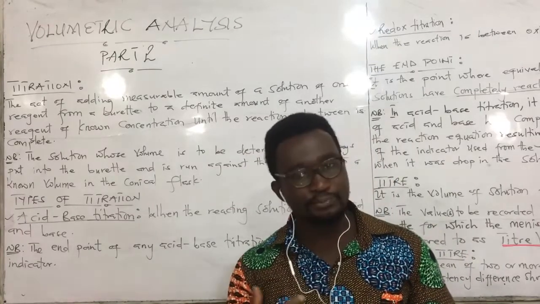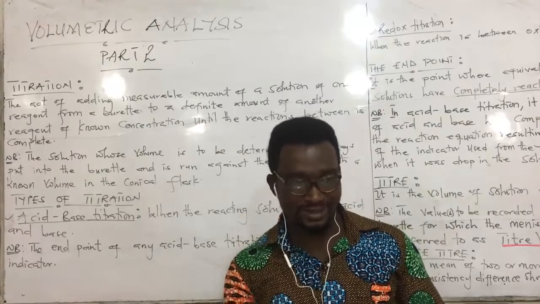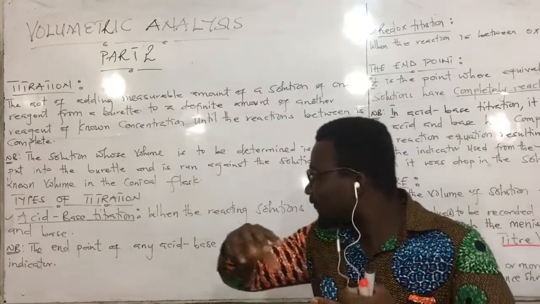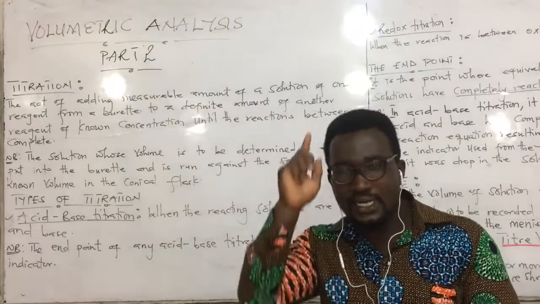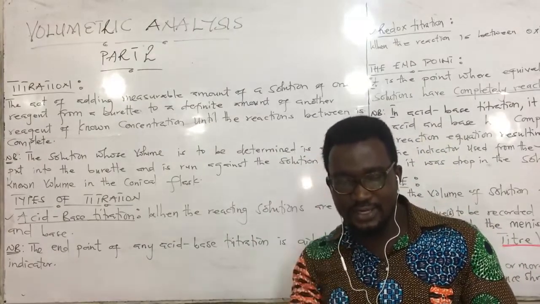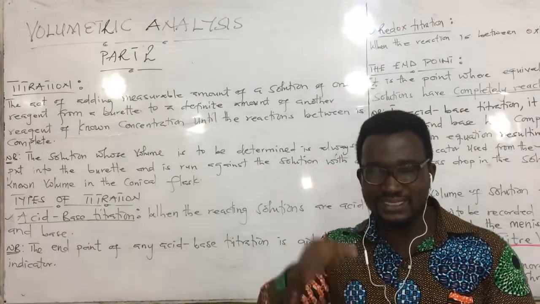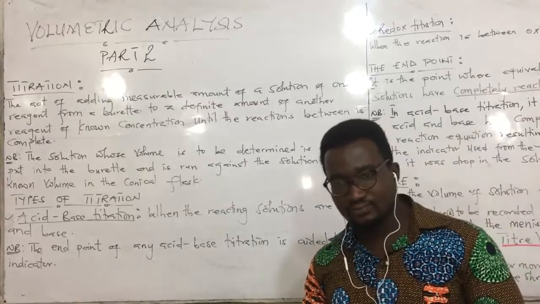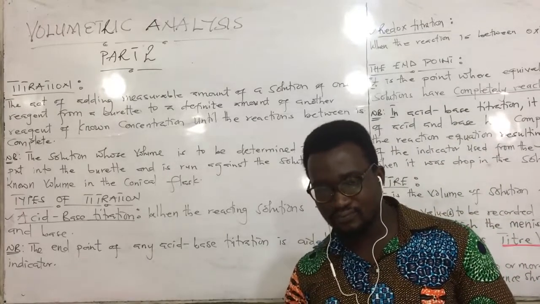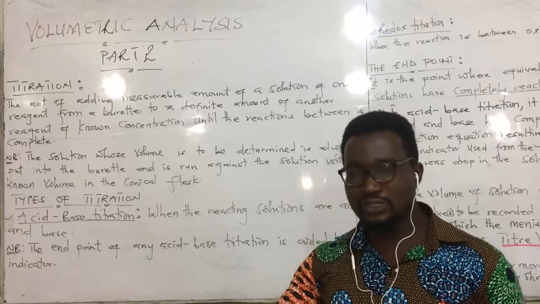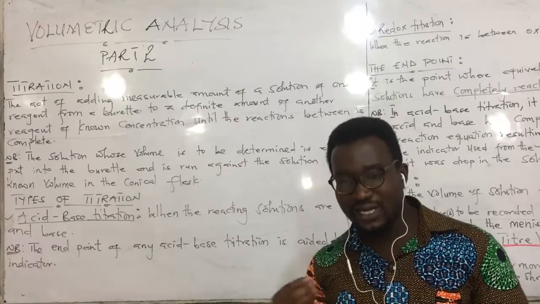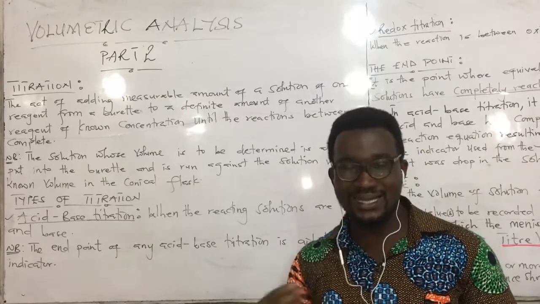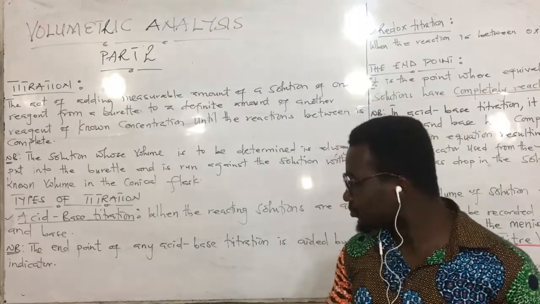I know you may have been introduced to it, but I'll still introduce you to it. So that solution is always placed in the burette so that we can determine the volume. And then the fixed volume, which is delivered into the conical flask, is a solution which is also standard or standardized.